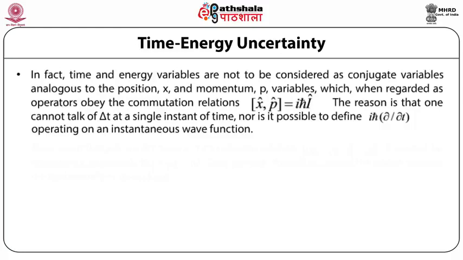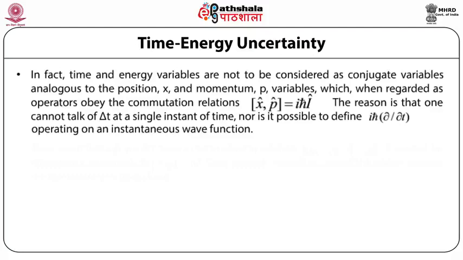analogous to the position x and the momentum p variables, which, when regarded as operators, obey the commutation relation given by the commutator of operator x and operator p equal to iota times h cross times operator I, which is the identity or the unit operator.